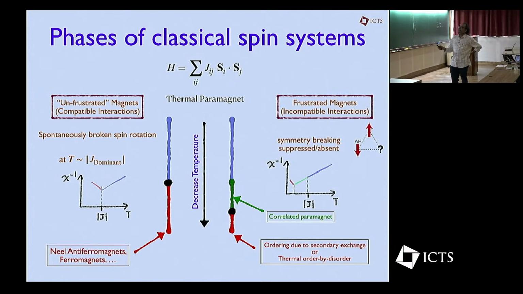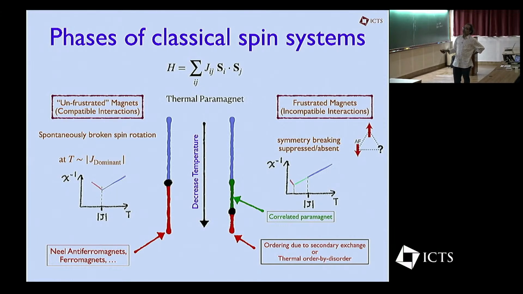So we take these systems, and at very high temperatures, all of them are thermal paramagnets in the sense that the spin expectation value is 0, and the spin-spin correlations are short-ranged. But when we try to cool them down, typically they behave in one of two kinds. On the left are the more well-behaved set of magnets called the unfrustrated magnets, where all the interactions are compatible and not competing with each other.